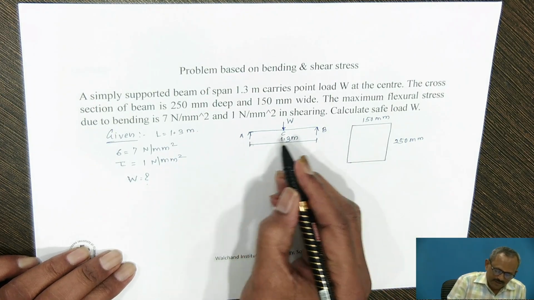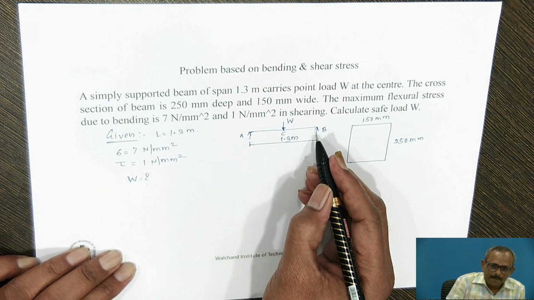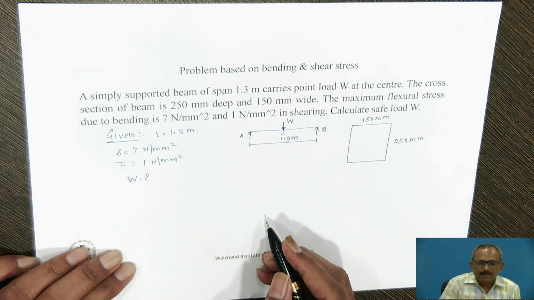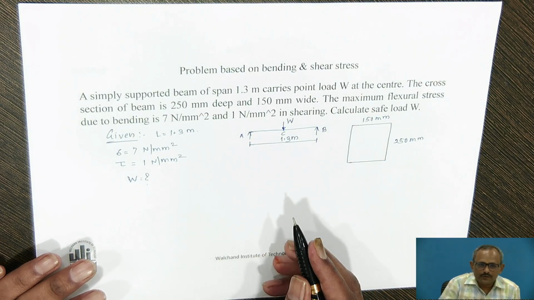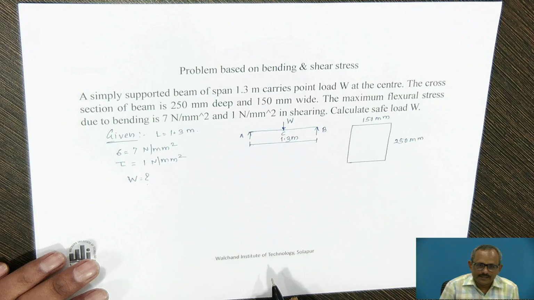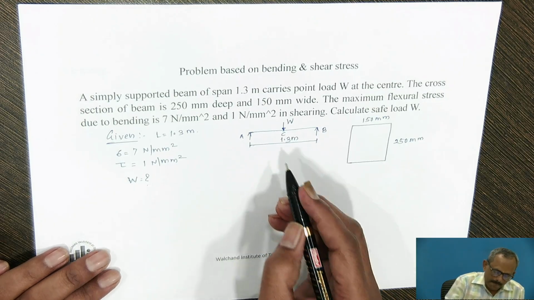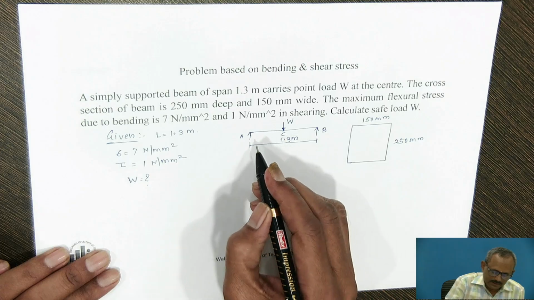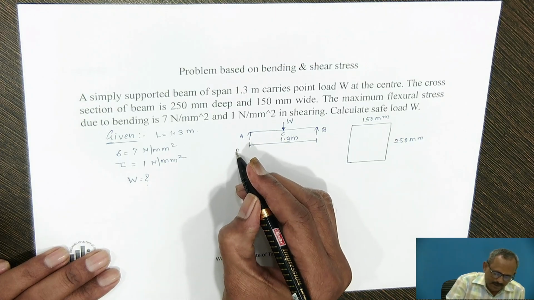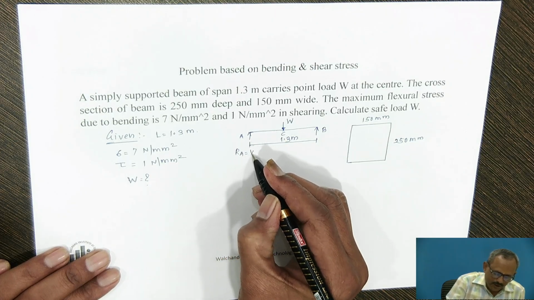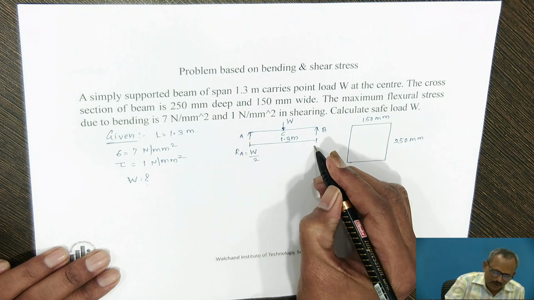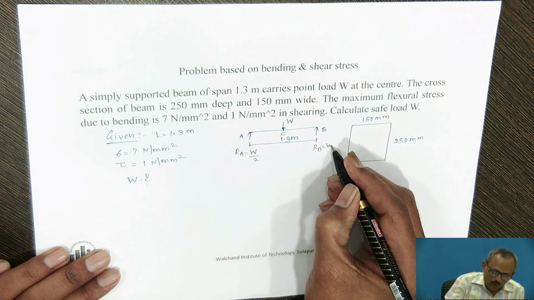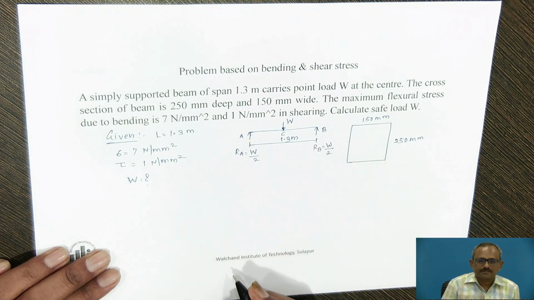Therefore, first of all, we will calculate the maximum bending moment and maximum shear force to which this beam is subjected. As we know, the load is acting at the center of the beam. The reactions at A and B are half of the total load, that is W by 2 each.